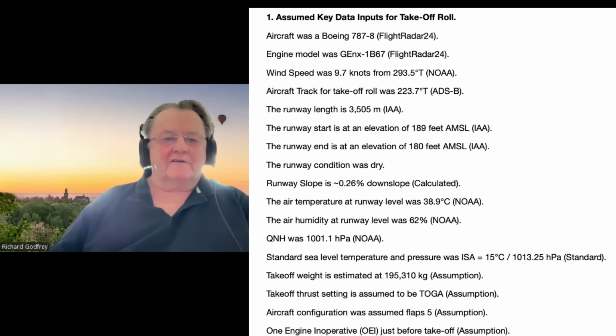We have included a screenshot of the assumed key data points for the takeoff roll. We have ADS-B data just after takeoff. We have the aerodrome chart from the Indian Airports Authority. We've got environmental data from the US NOAA, the National Oceanic and Atmospheric Administration, for Ahmedabad Airport at the time of the short flight.